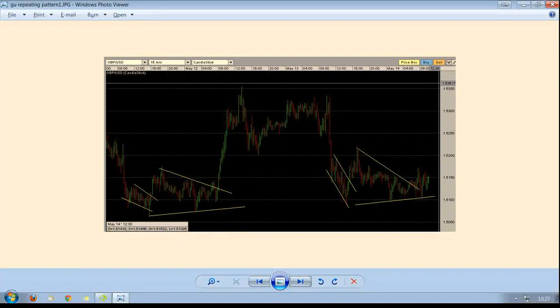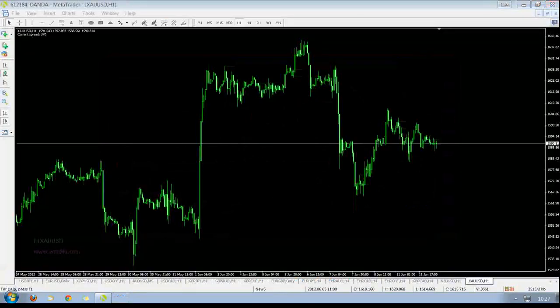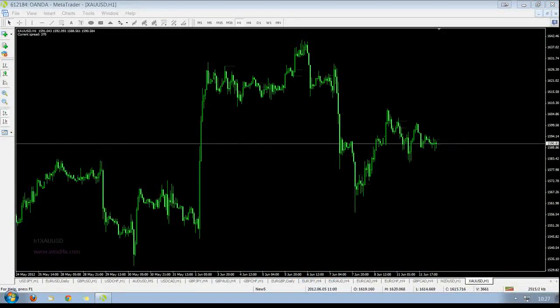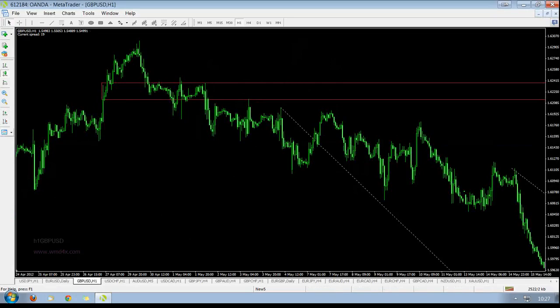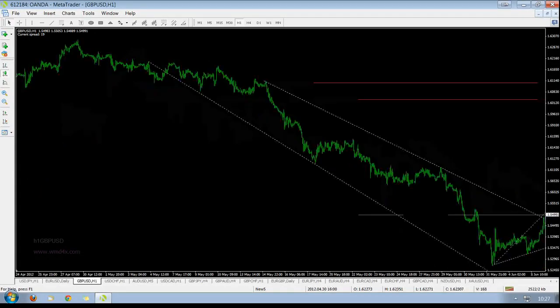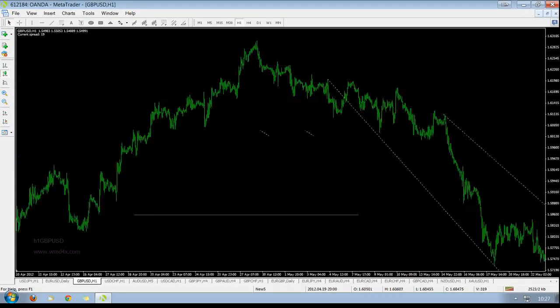Some interesting patterns have caught my attention recently, and you'll see I've been posting a lot of analogies to the watch list also, to say, well, if this is something which has happened before, then maybe this is something which can happen again. And I'm going to come back to GBP USD, and I want to take a look at how the wave ended in GBP USD, because I found this really interesting.